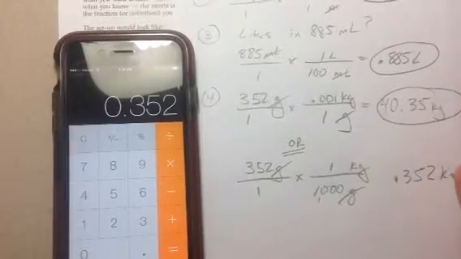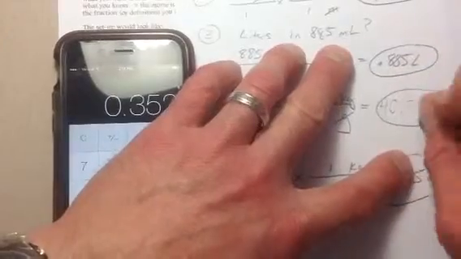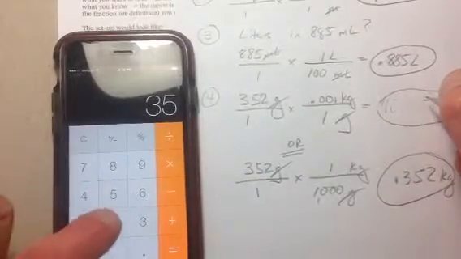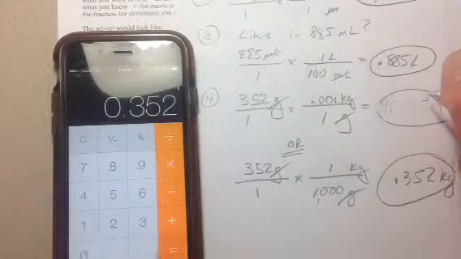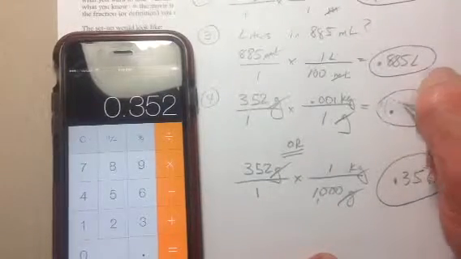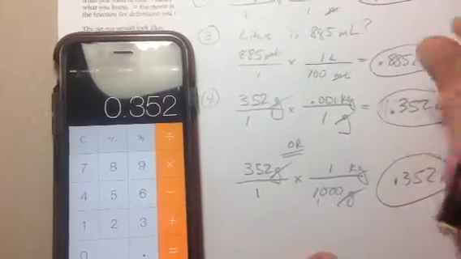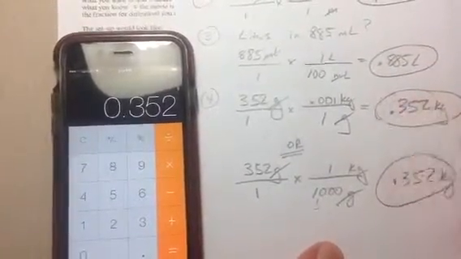This is wrong. Sorry, I did something wrong with my calculator here. 352 times 0.001, I should have known that, is obviously 0.352 kg. Sorry, I just made a mistake there.